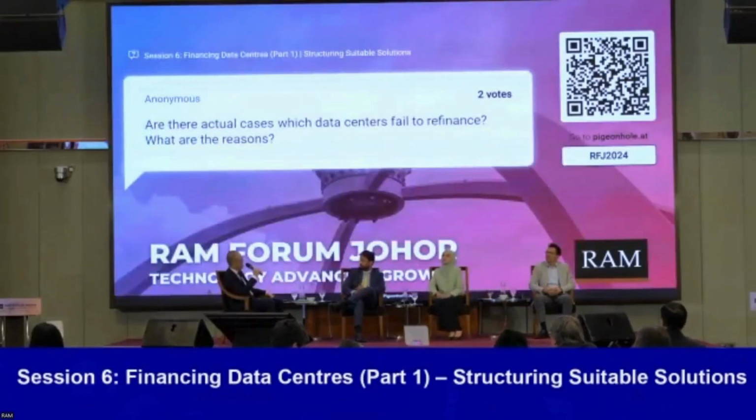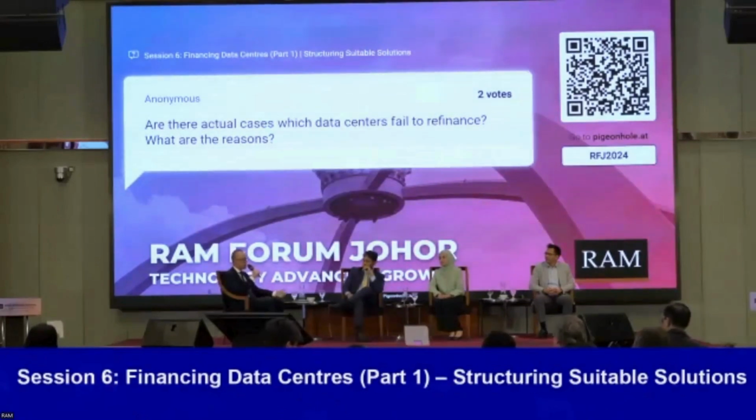Since we mentioned this, we're basically talking about the mismatch of tenor and the underlying cash flows. We talked about how some banks would like to amortize the debt, and some banks are comfortable with refinancing risks on account of good cash flows. We mentioned customers being sticky because the customization cost for hyperscale and wholesale colocation tenants is quite high.